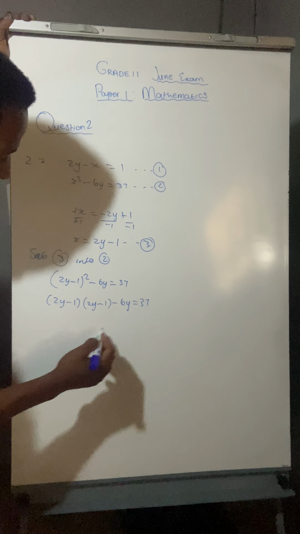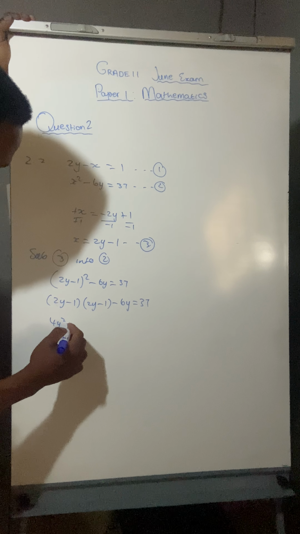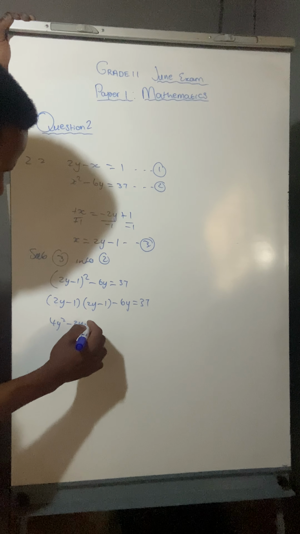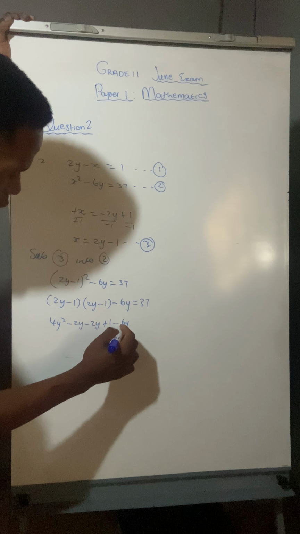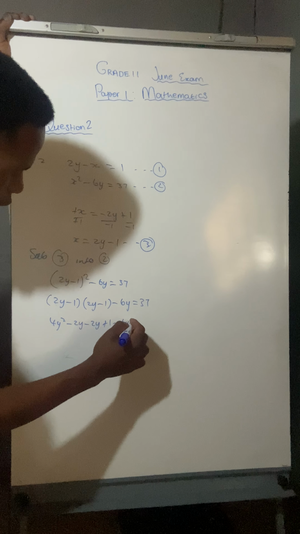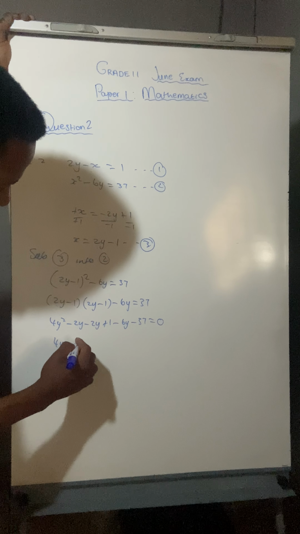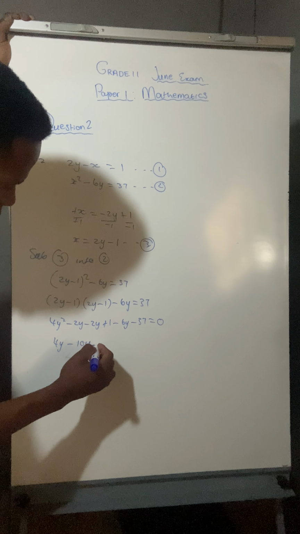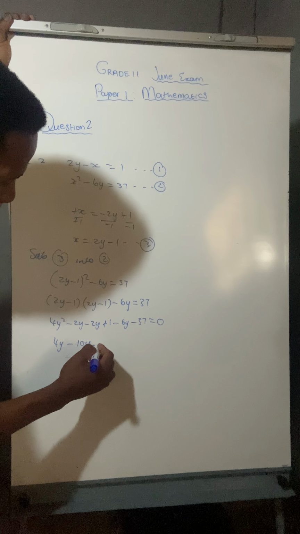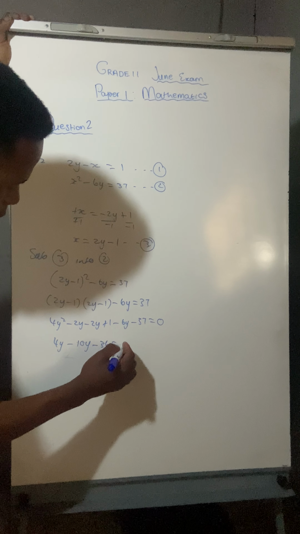After expanding, we simplify: we get 4y squared minus 2y minus 2y plus 1 minus 6y minus 37 equals 0. Then 4y squared, minus 10y.